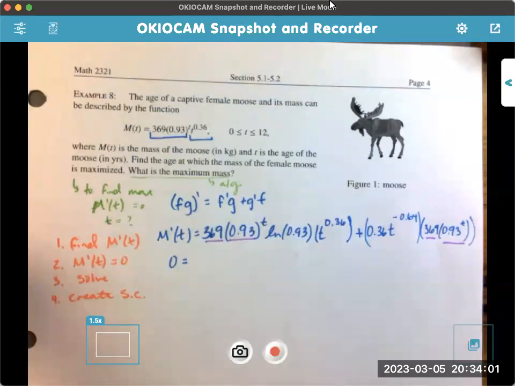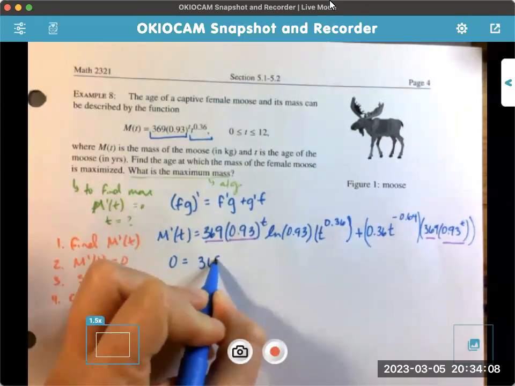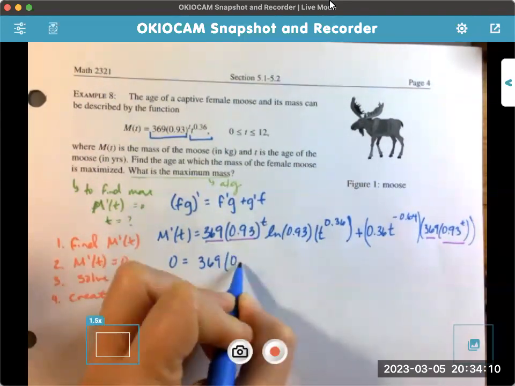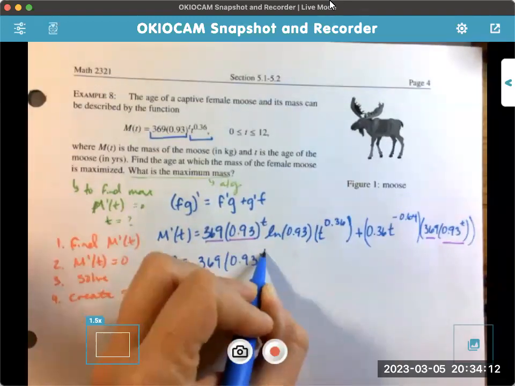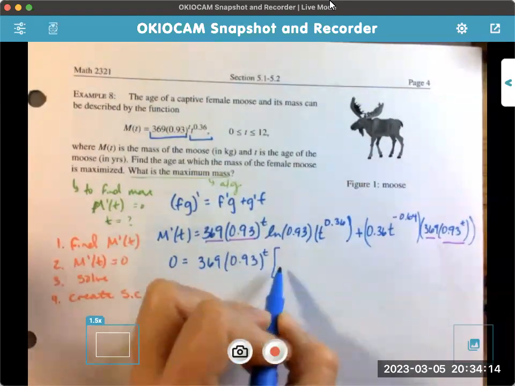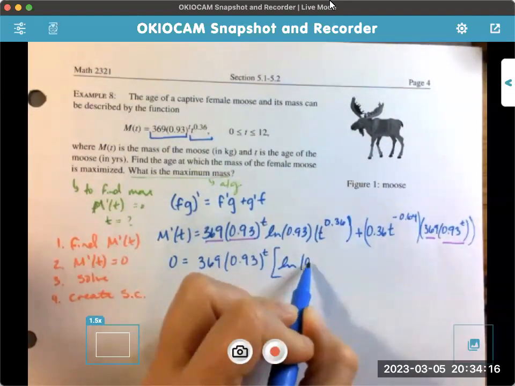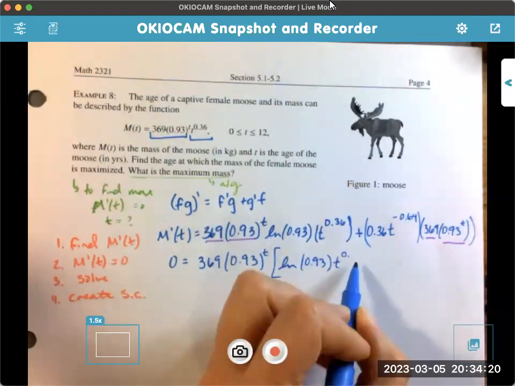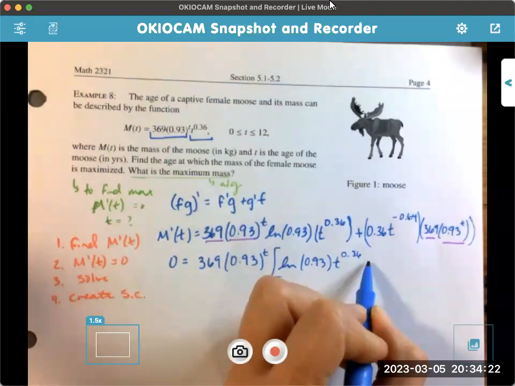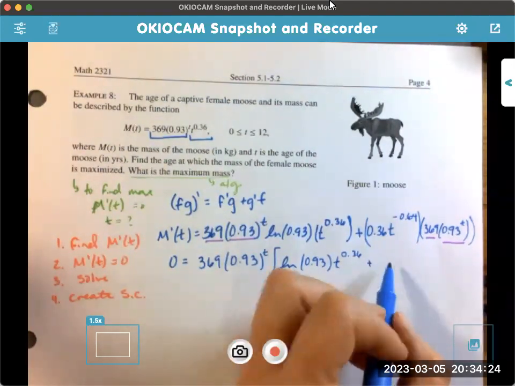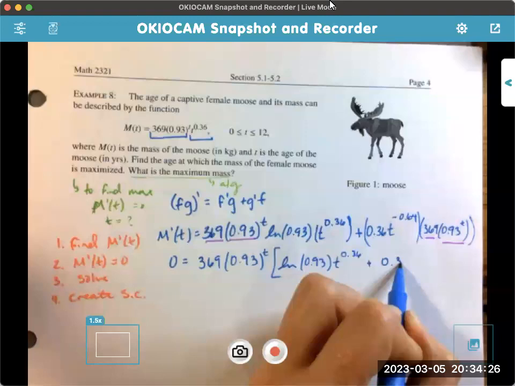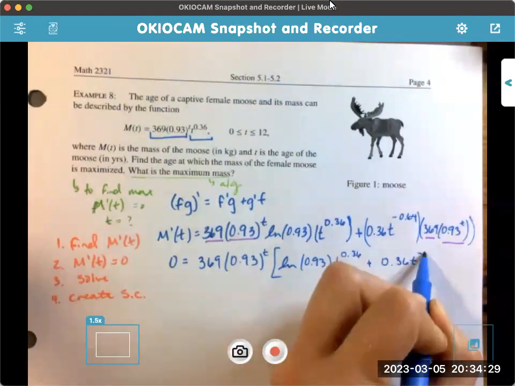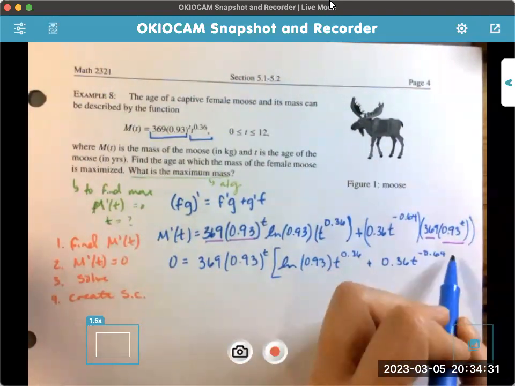I'm just trying to decide which is the best. So 369, 0.93 to the t times the natural log of 0.93 t to the 0.36 plus 0.36 t to the negative 0.64.